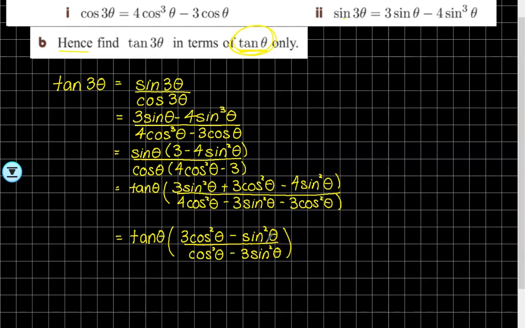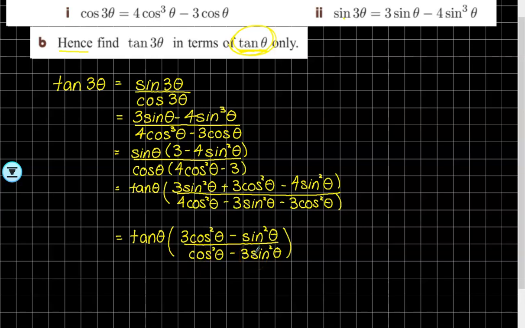Tan squared. But the bonus now is I have to divide the whole thing by cos squared, right? What's cos squared divided by cos squared? 1. Right, cancel. So I just get 3 times 1, which is 3. That's not a sine, it's not a cosine. And then here, cos squared divided by cos squared again is 1. Sine squared divided by cos squared.